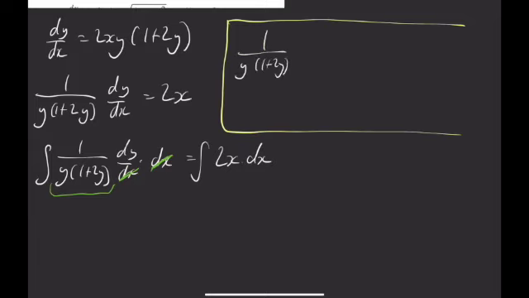So let's do a little aside here, and let's separate these into partial fractions. So I get 1 over y(1 plus 2y) and I'm going to make that the same as a over y plus b over 1 plus 2y. I'm going to cross multiply. Alright, I'm going to be a little bit sneaky.